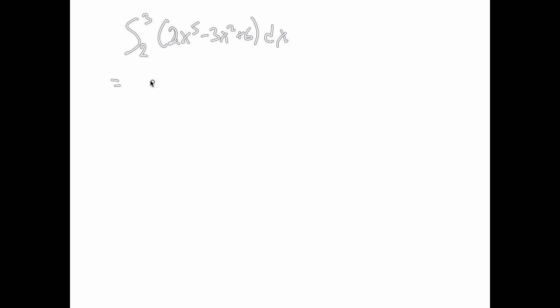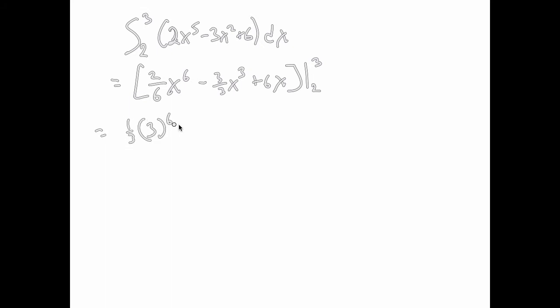So we're going to get 2 over 6 times x to the 6th minus 3 over 3 times x to the 3rd plus 6x. Now instead of adding a c here, as we would for an indefinite integral, we have a definite integral. This is evaluated from 2 to 3. That line means evaluated at 3, and then subtract the evaluation at 2. Evaluated at 3 is 1/3 times 3 to the 6th, minus 3 to the 3rd, plus 6 times 3.